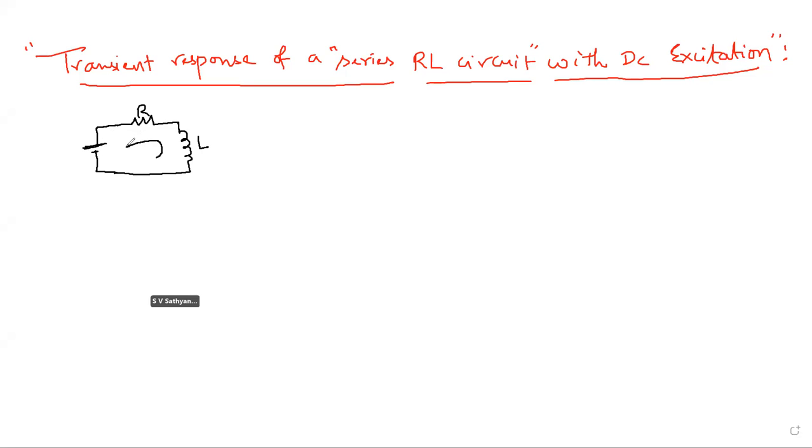Now some amount of current is passing through it. Here the question mentions the transient response, so we need to have one switch.